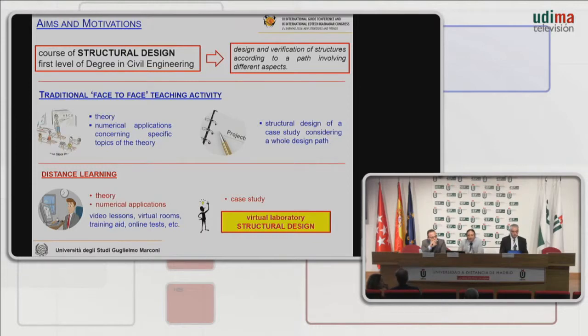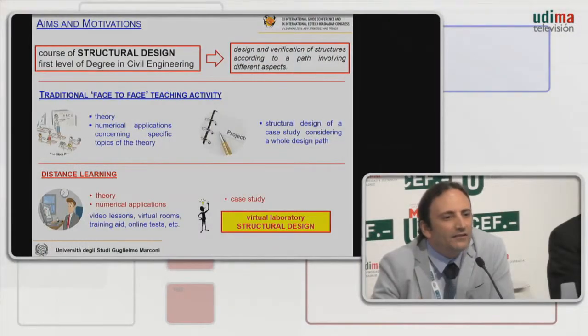On the other hand, in my opinion, they don't completely allow to cover the other important part of the course, that is the structural design of a case study, considering a full and clear design path and a step-by-step assistance process. For this reason, taking into account recent examples of a virtual academic laboratory presented at Marconi University, I've decided to propose a virtual academic laboratory just for the course of structural design.